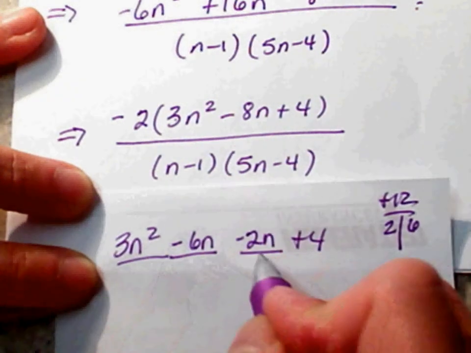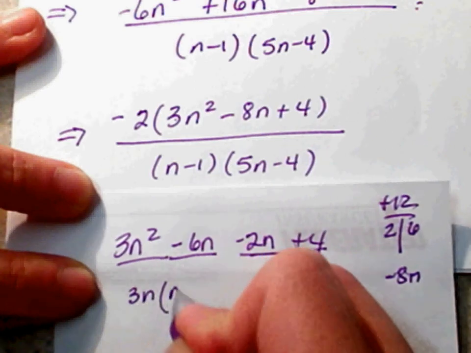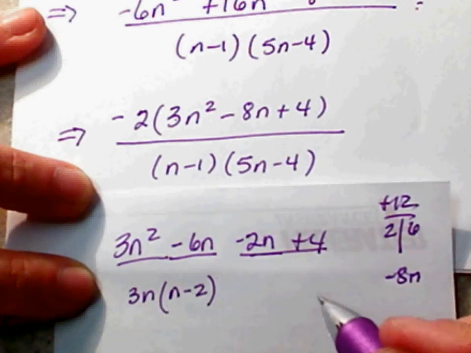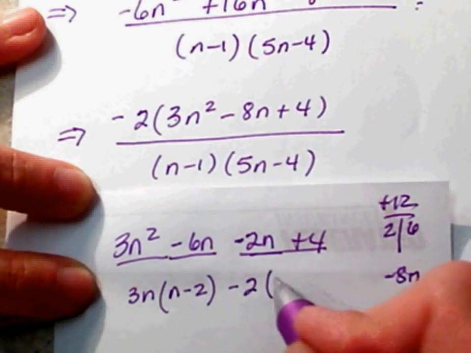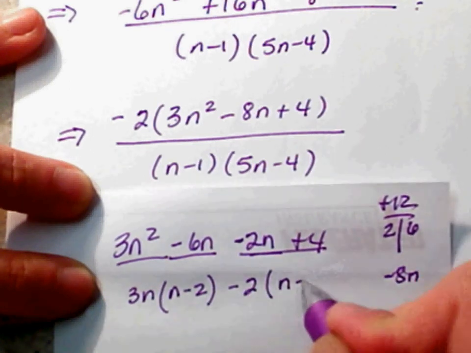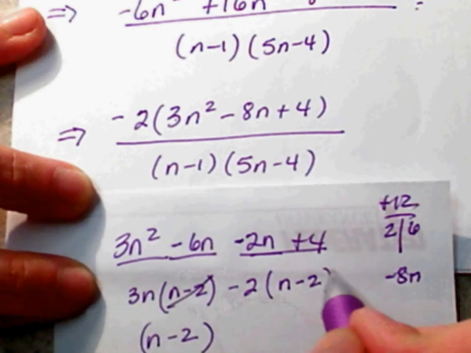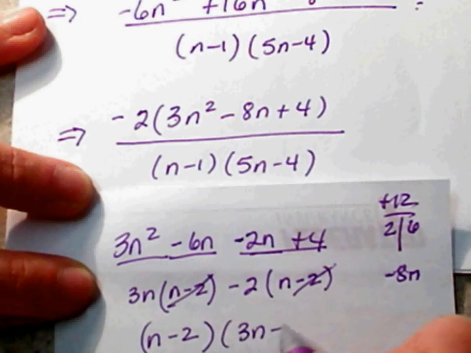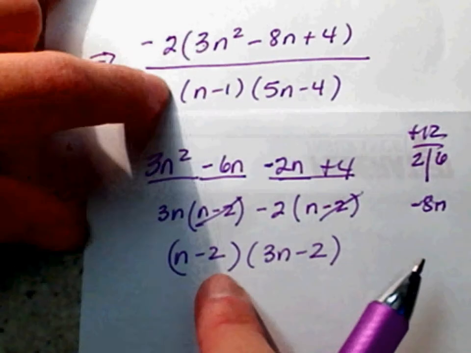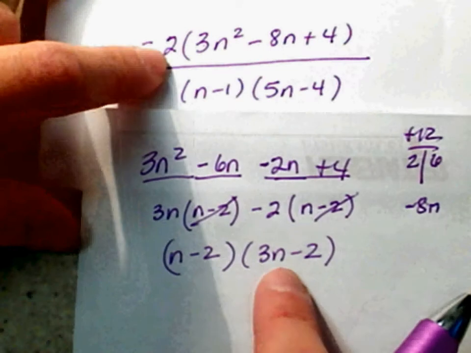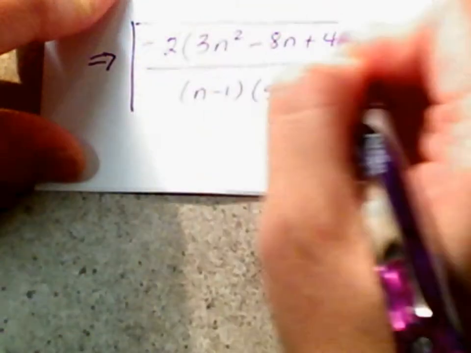What do these have in common? 3n. Factor that out, so you got n minus 2. What do these have in common? Negative 2. When you factor out, you have n minus 2. So you have n minus 2 left over 3n minus 2. Do you guys see how these two are not going to cancel anything out? So we didn't have to do this part. So this will be your final answer. Okay?